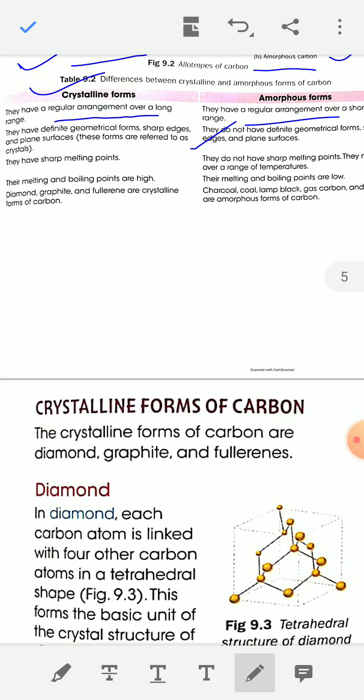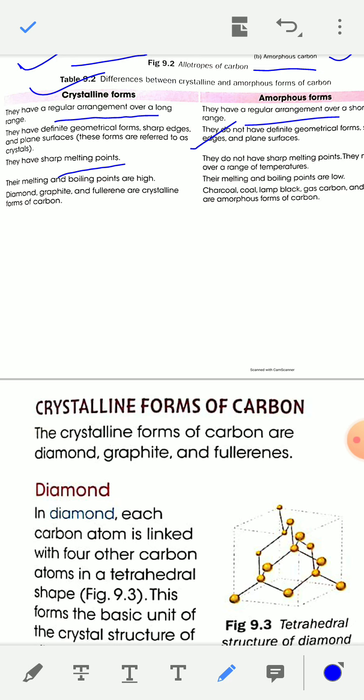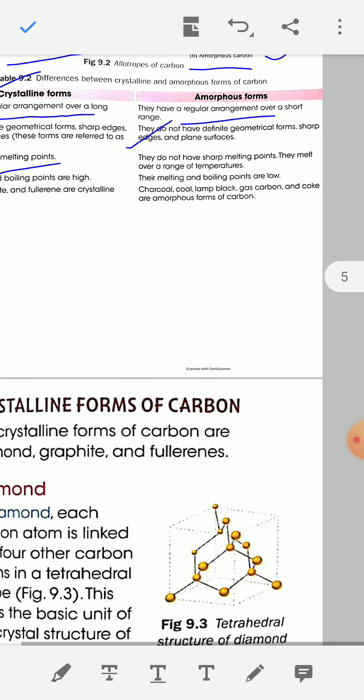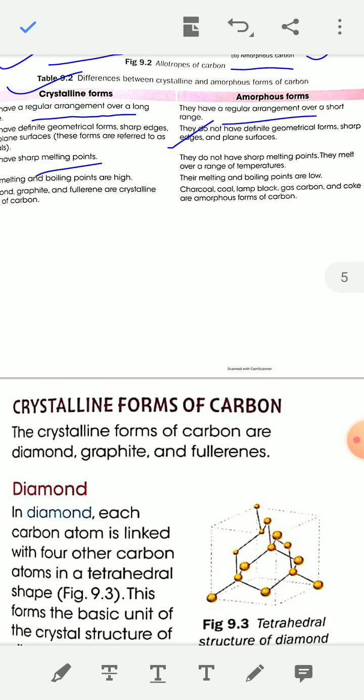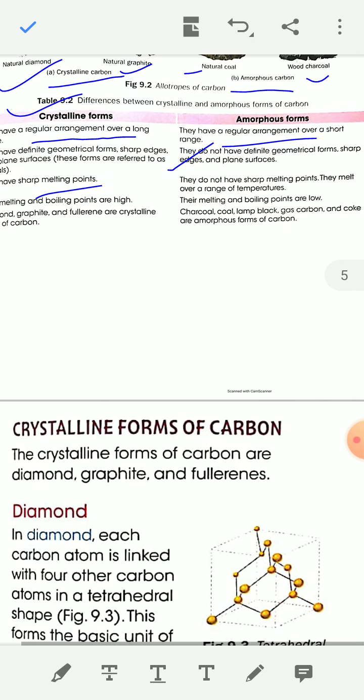Crystalline forms have a sharp melting point, but amorphous forms do not have a sharp melting point. They melt over a range of temperature.